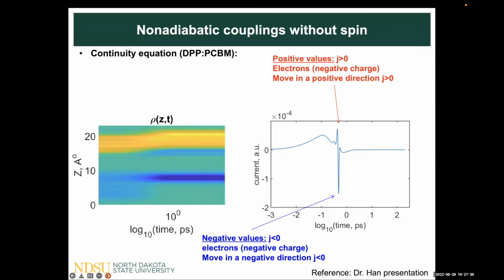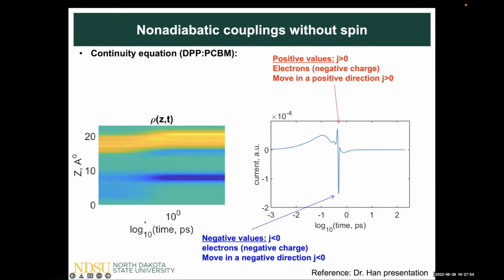On the left, the yellow color represents the electrons and blue represents the holes, and based on the continuity equation for DPP PCBM, we can have the current density as in the right figure.